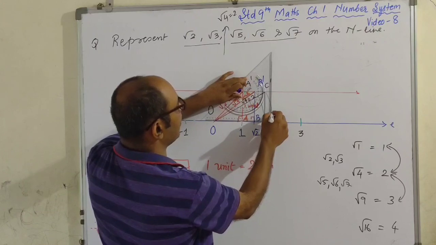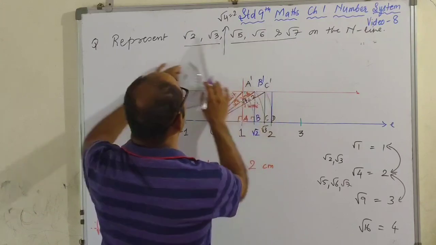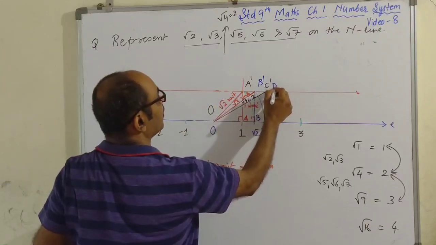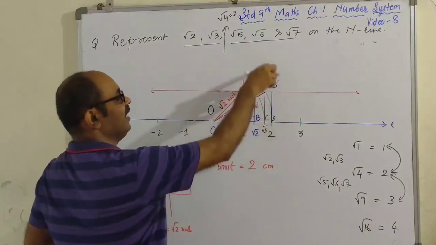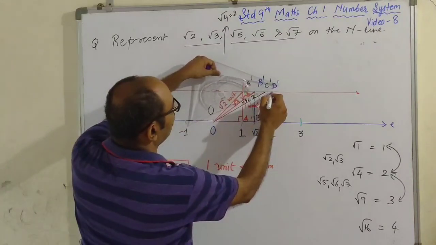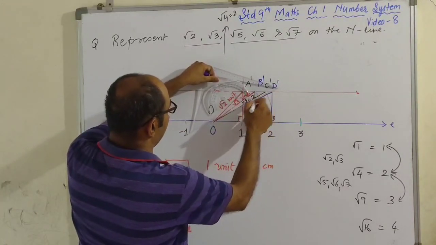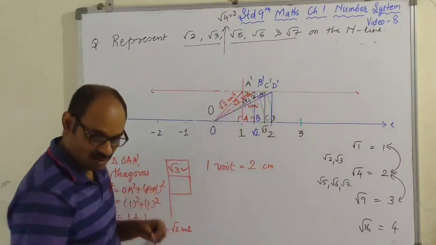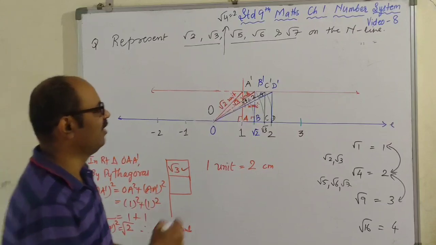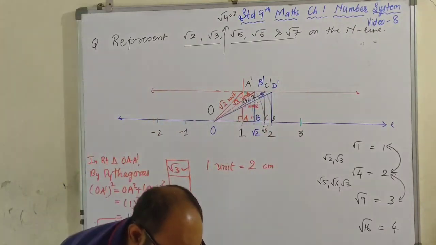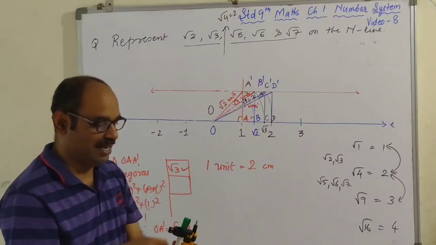Okay. All set. Now draw. This point is D dash, and DD dash is 1 unit. So this D dash O will be root 5. Root 5 units. Alright.